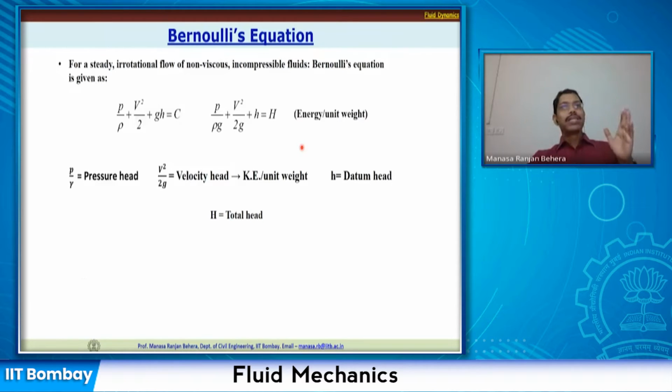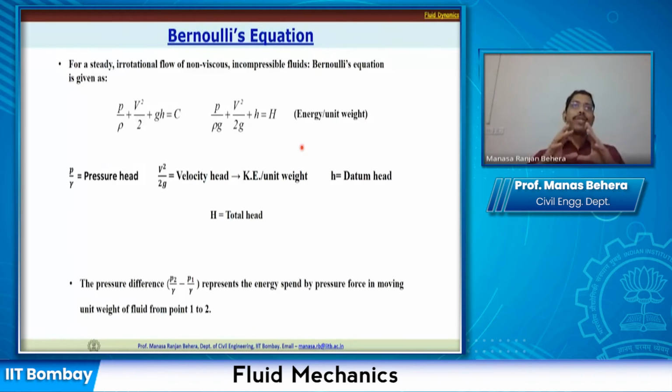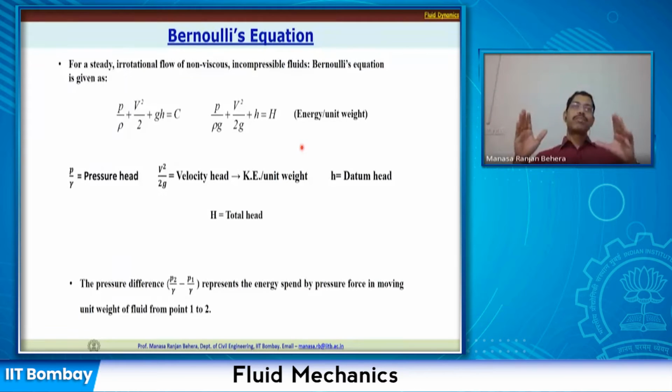So as I said, the pressure difference P2/γ minus P1/γ, let us say there are 2 points 1 and 2, the fluid is moving from point 1 to point 2. The pressure difference P2/γ minus P1/γ represents the energy spent by the pressure force in moving 1 unit weight of fluid from point 1 to point 2.